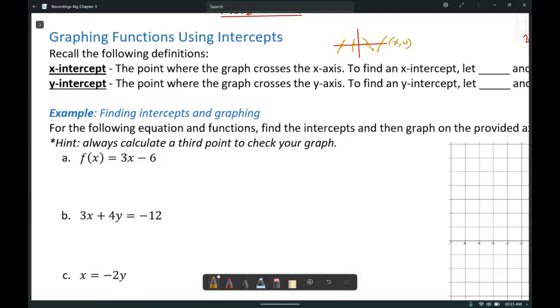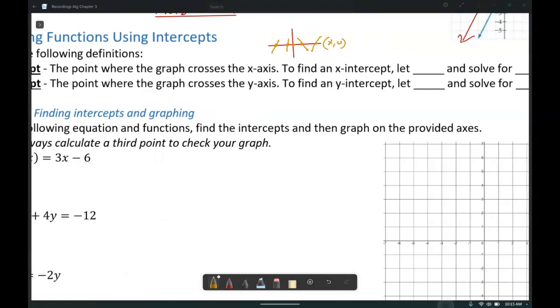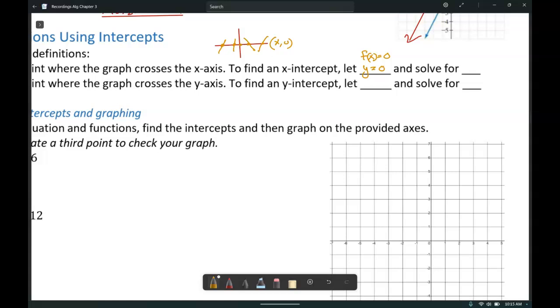Its y value is 0, because there's no movement vertically on the y-axis. So to find an x-intercept, we let y equal 0. If we're dealing with function notation, we would have f of x equal 0. And once we plug in 0 for y, we then have to just solve for x.